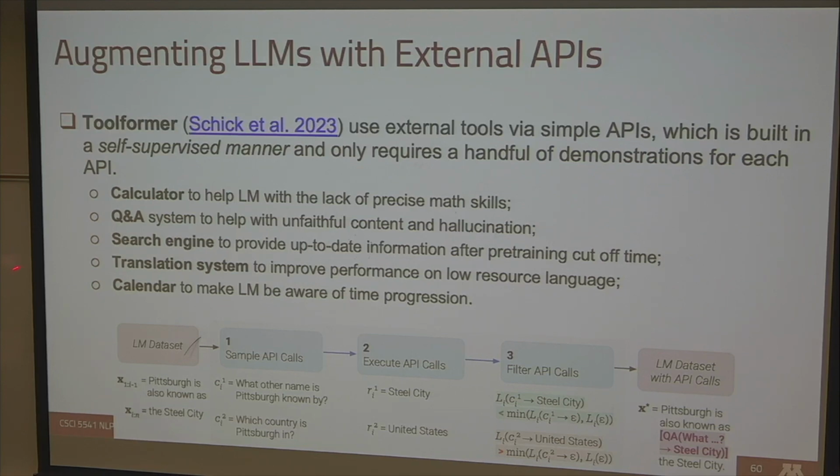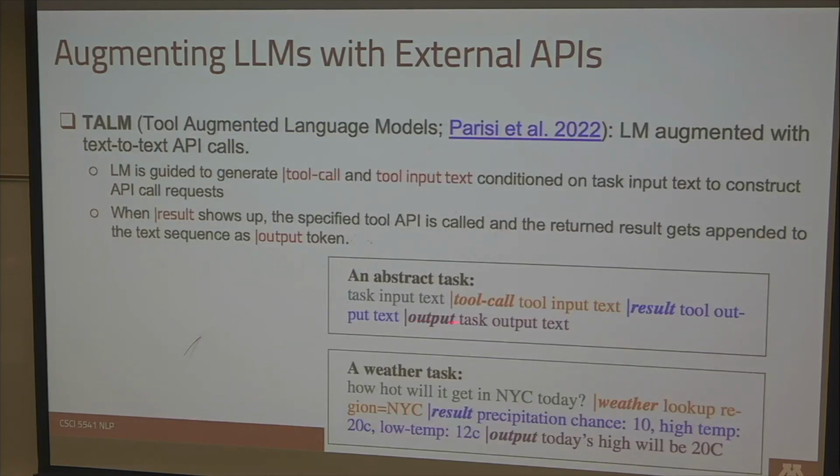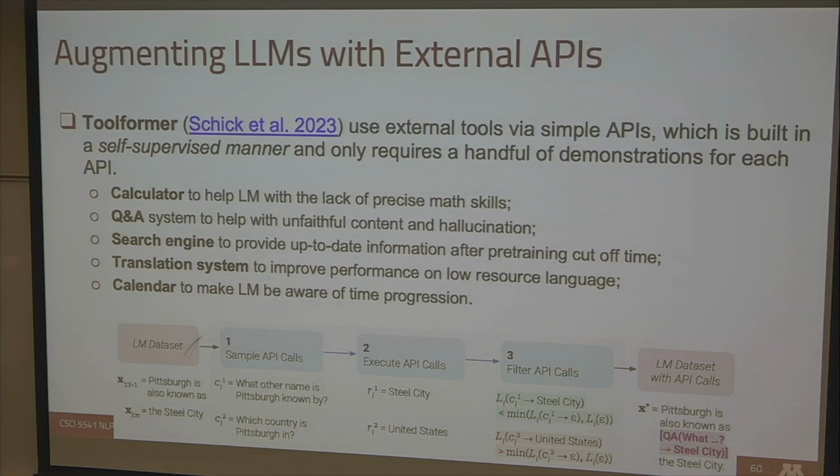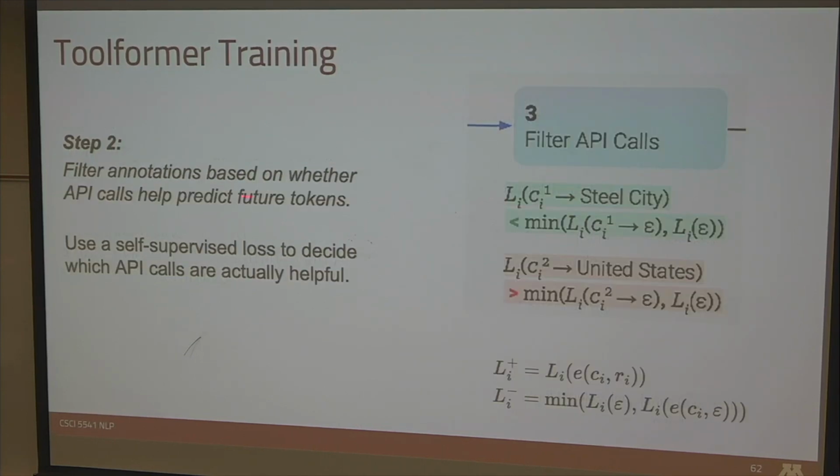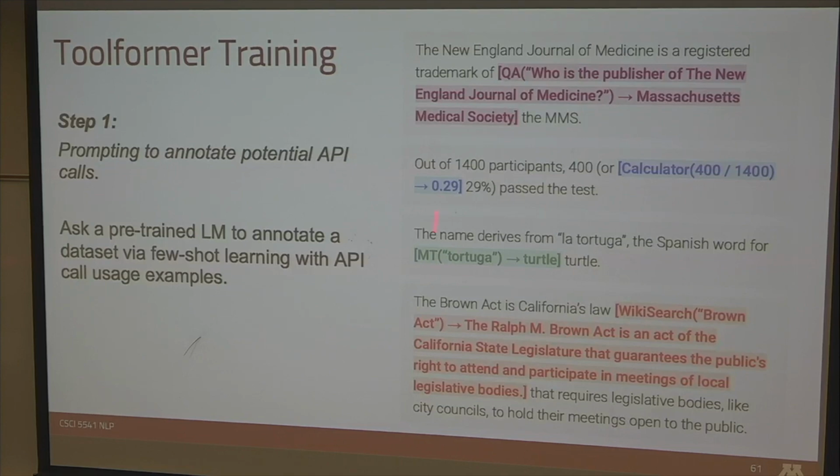And this Toolformer paper is also quite related. But rather than manually or heuristically adding the tools, it uses language models to specify which kind of tools to be added at which place. So it uses language models to do some annotations by itself. So these are possible annotations here. And then, of course, not all of these annotations are useful.